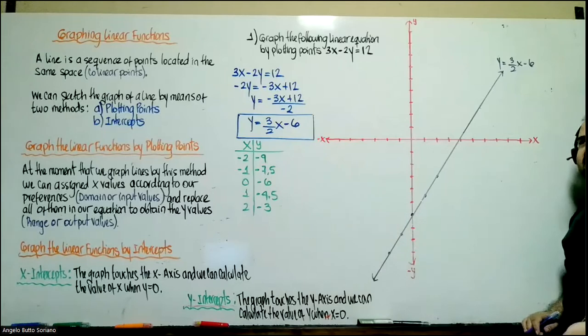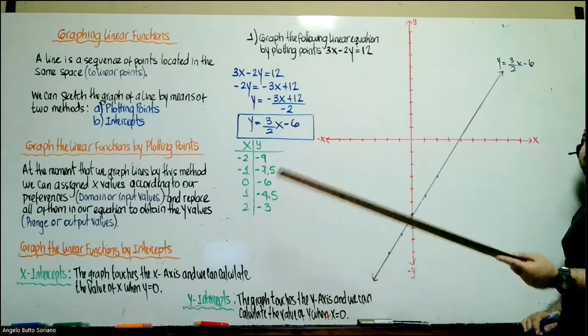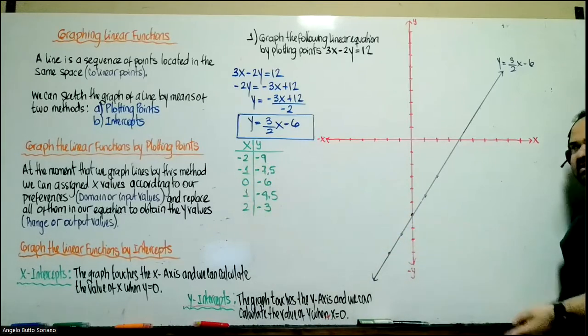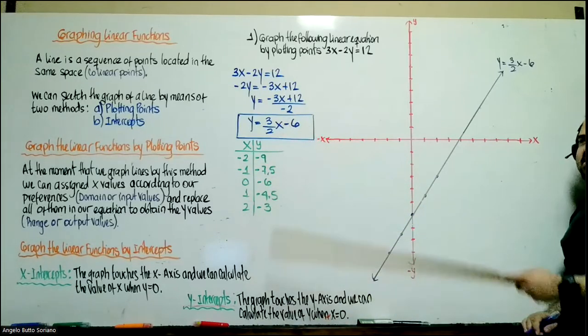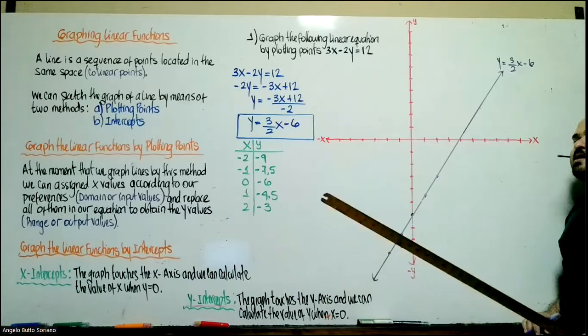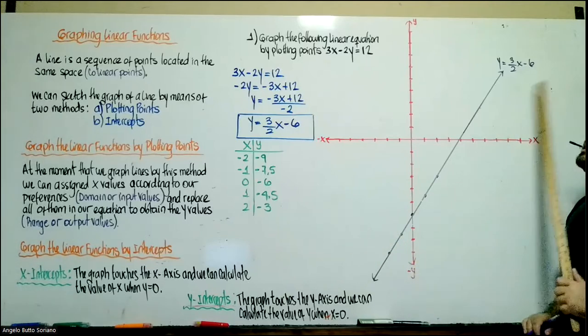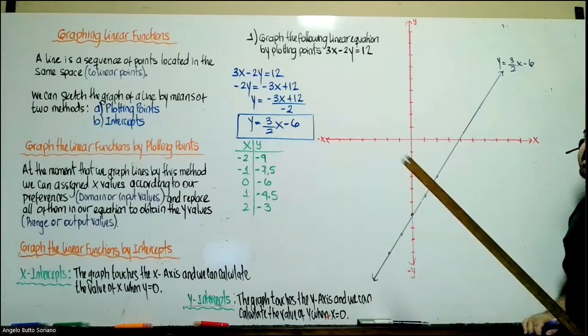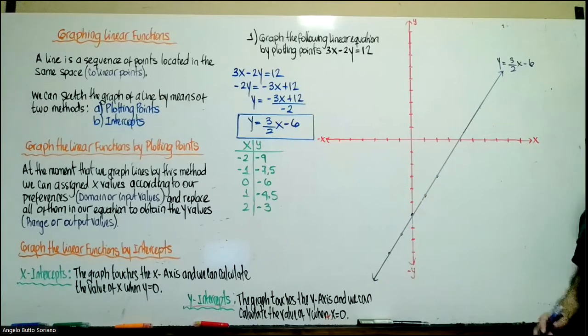The y values will be the output values, which you obtain by substituting every value of x in the original equation. And once you have the values of x and y, connect all of these points and create the graph, all right? And this is going to be the solution set for this problem, okay?